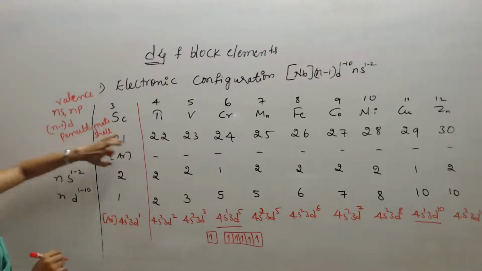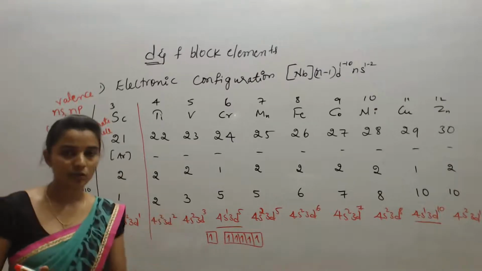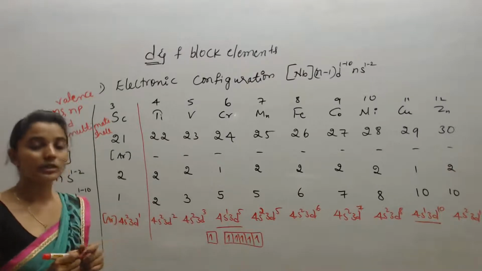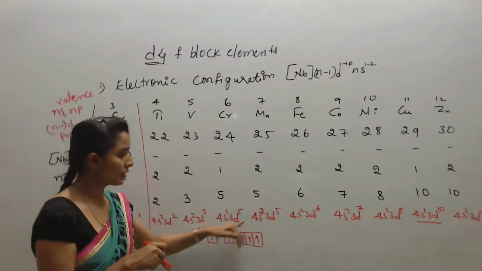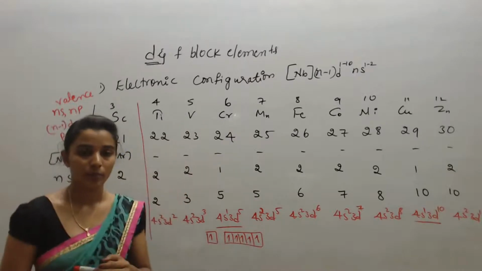The last electron which enters into the penultimate shell gives the d block element. So this is all about the electronic configuration. Here the only difference you have to remember is the electronic configuration of chromium and copper.